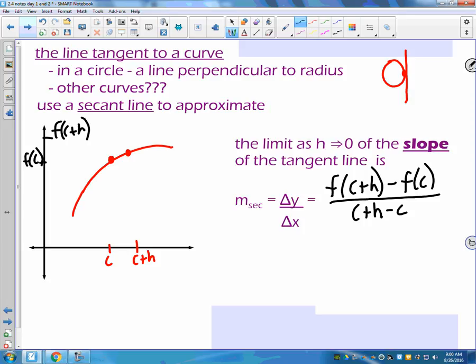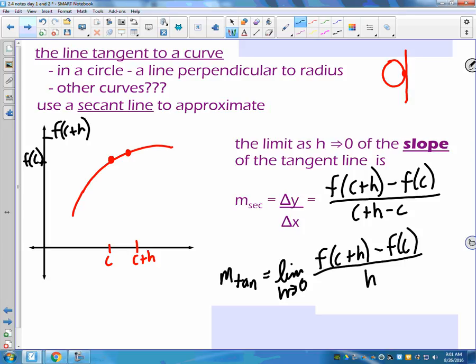If we want to find the slope of the tangent line, we're going to do the exact same thing, only we're just going to take the limit as H approaches 0 of f of C plus H minus f of C, and I'm just going to say all over H because you can see that the C's cancel out.